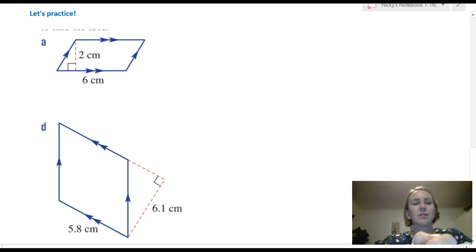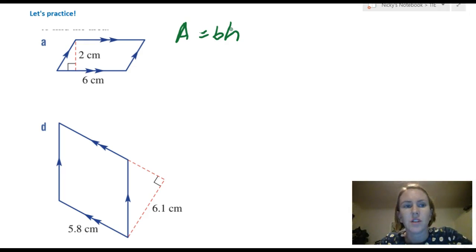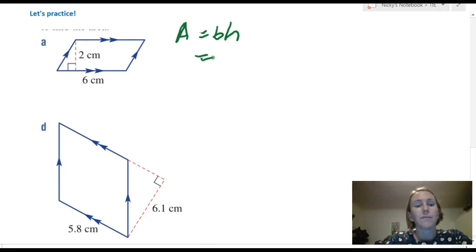As always, when we're finding the area of a 2D shape, we write our formula first. So A equals BH, and then we substitute our values in to where our letters actually are. This is the sort of thing we'll do when we study algebra later in the year. So A equals BH for a parallelogram, and base in this example is 6 times height of 2.